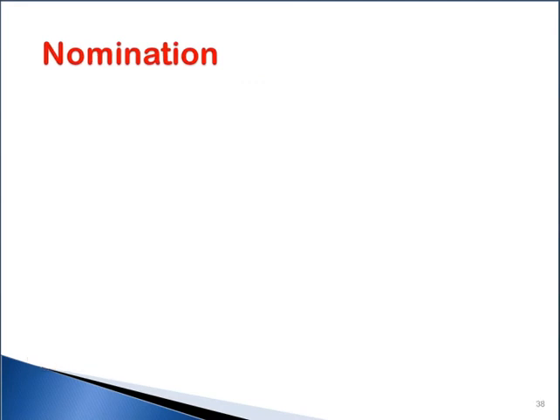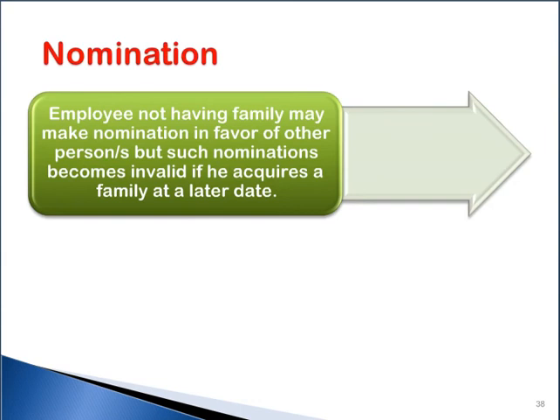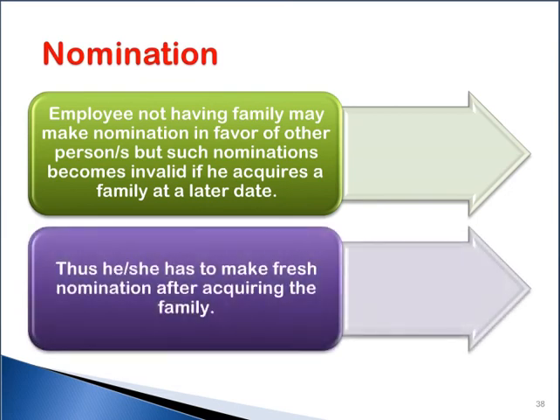In case of an employee who does not have a family, the Act specifies that employee not having family may make nomination in favor of other persons, but such nomination becomes invalid if he acquires a family at a later date. Thus, he or she has to make a fresh nomination after acquiring the family.